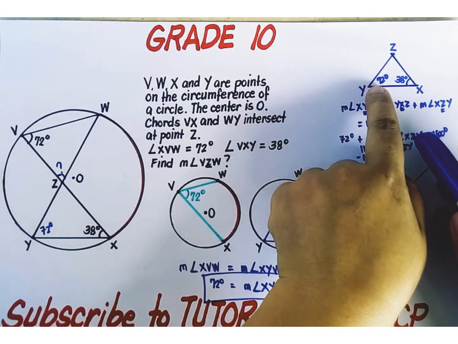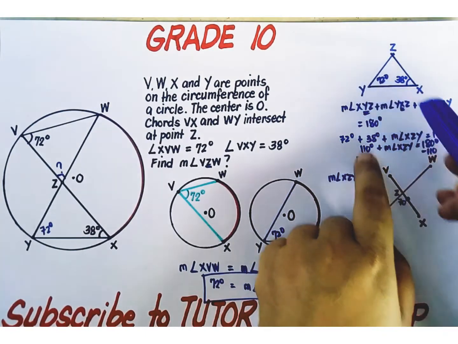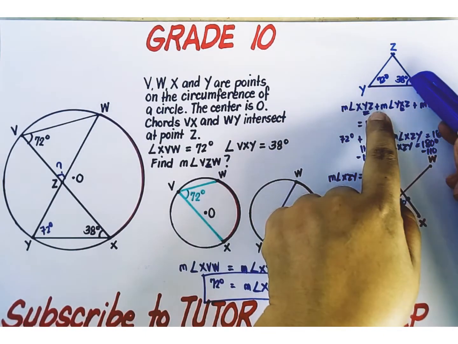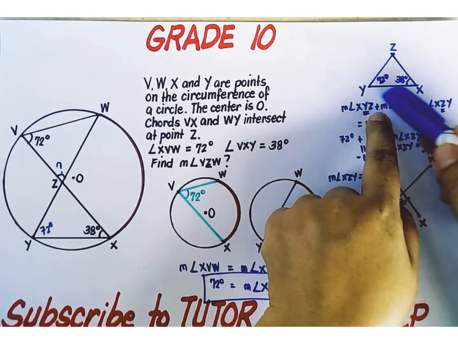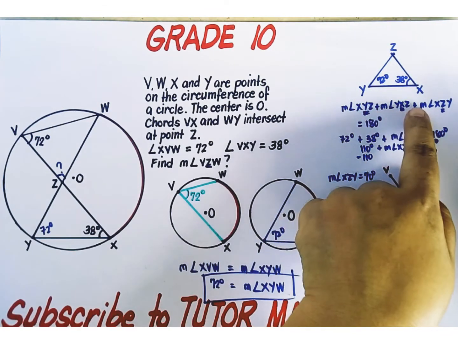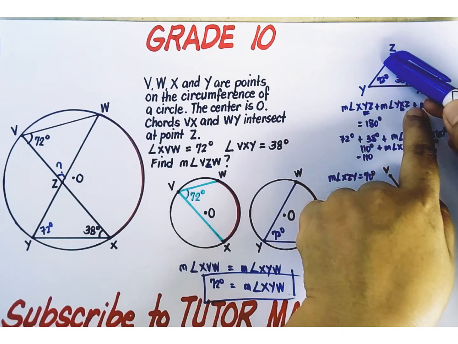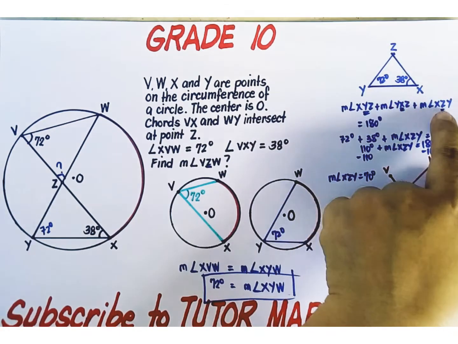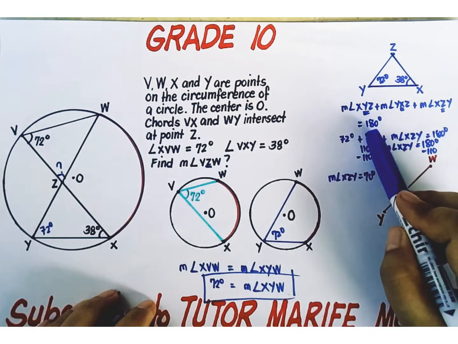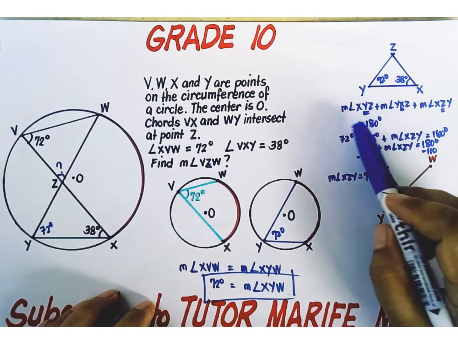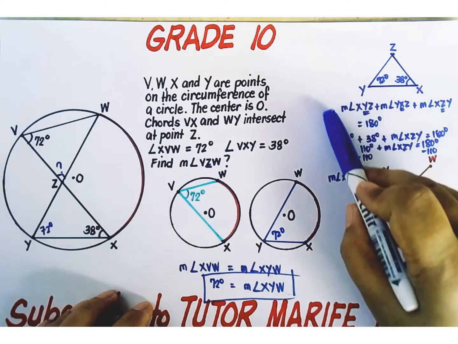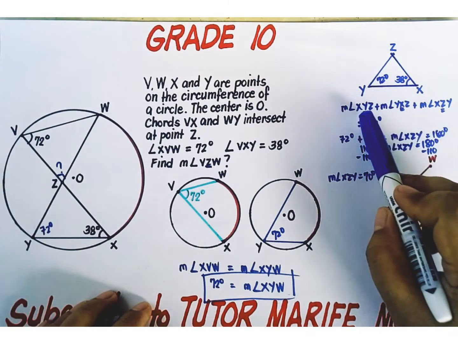Measure of angle Y or angle XYZ plus measure of angle X or angle YXZ plus measure of angle Z or angle XZY is equal to 180 degrees. We have applied the triangle angle sum theorem in writing this equation.